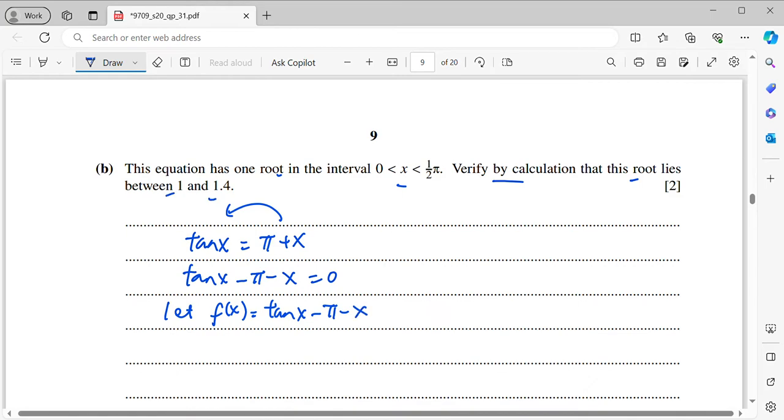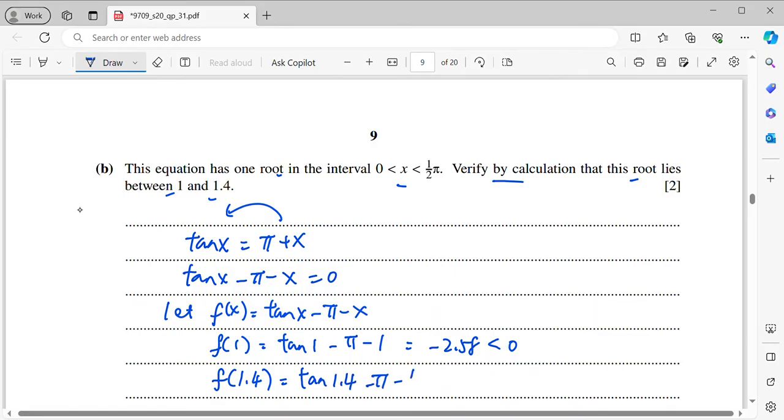Then replace x by 1 and 1.4 to show that there is a sign change. Calculate this using radians mode, then you will be getting negative 2.58 correct to 3 significant figures. And for f(1.4), it will be tangent 1.4 minus pi minus 1.4. Then you will be getting 1.26, which is greater than 0.